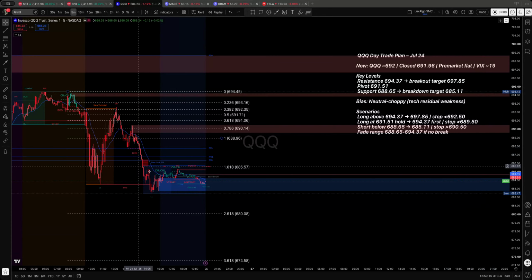So these levels are pretty straightforward, and from what I've noticed from years of back testing this stuff, they're significant and they do hold weight through the rest of the session.